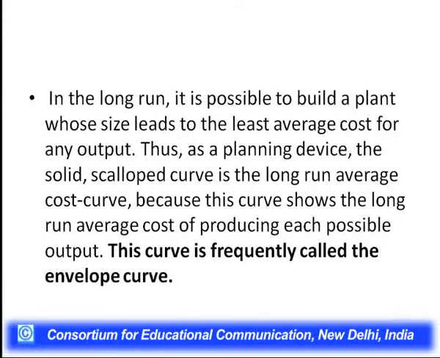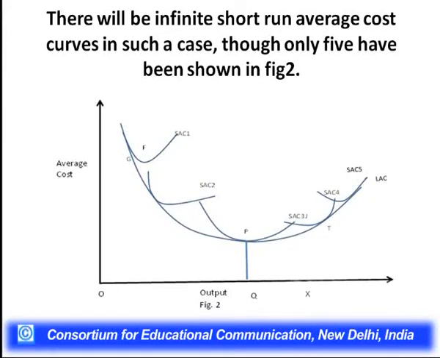Now in the long run, we know that it is a planning device. It is a solid scalloped curve, and this curve shows the long run average cost of producing each possible level of output. This curve is frequently called the envelope curve also.